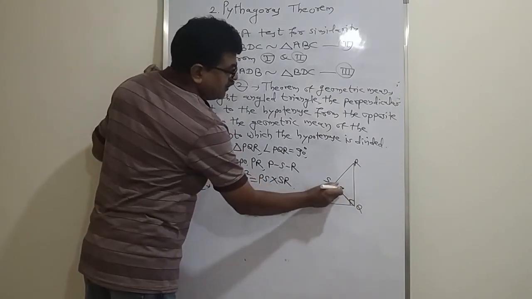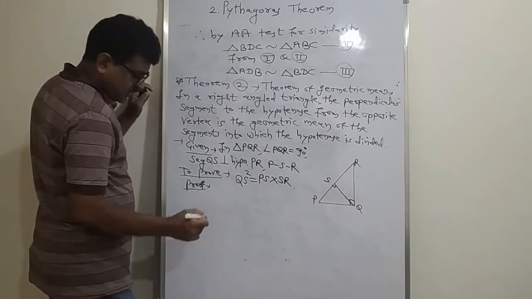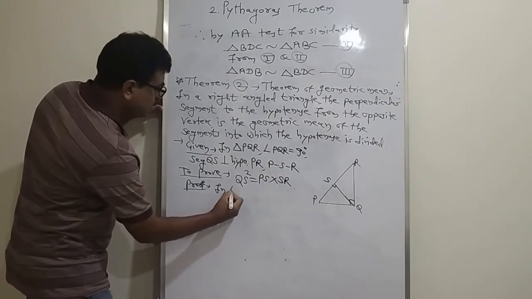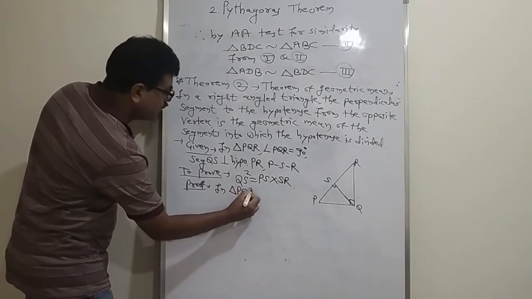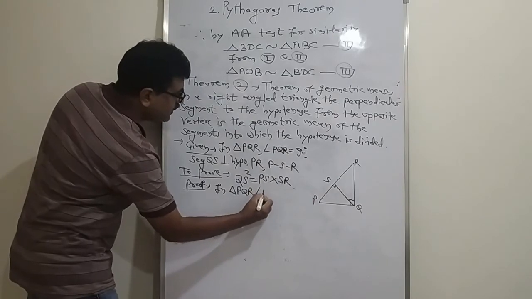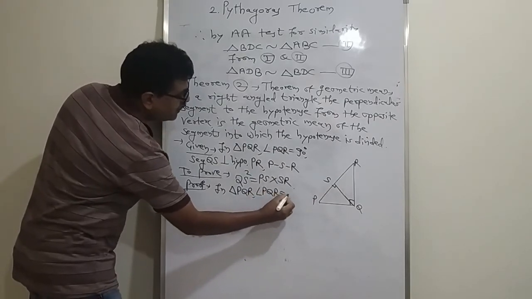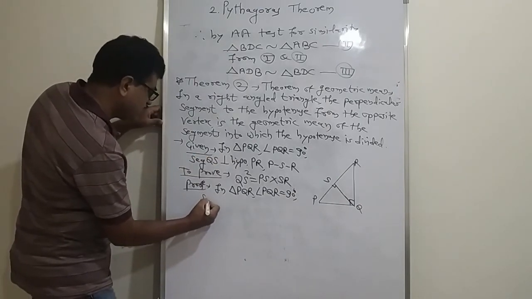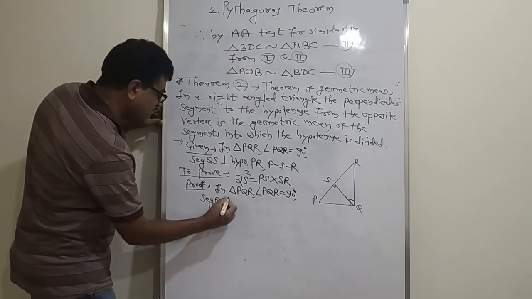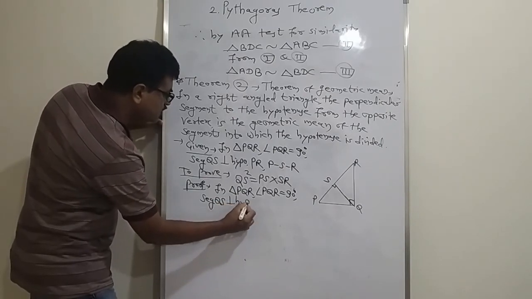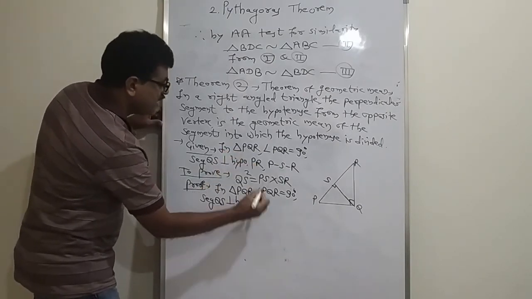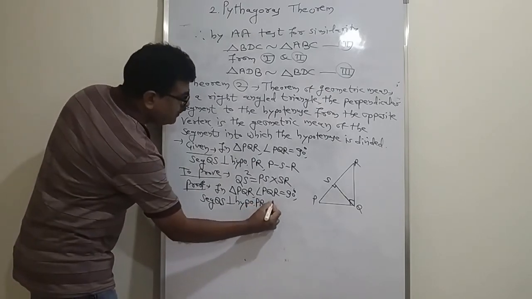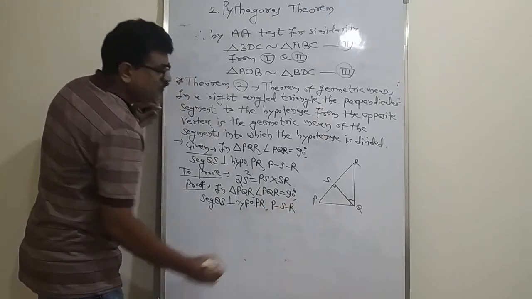Now first write down given in triangle PQR, angle PQR is equal to 90 degrees. Segment QS perpendicular to hypotenuse PR. We write this given.